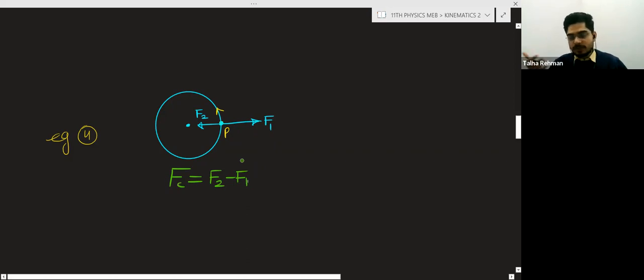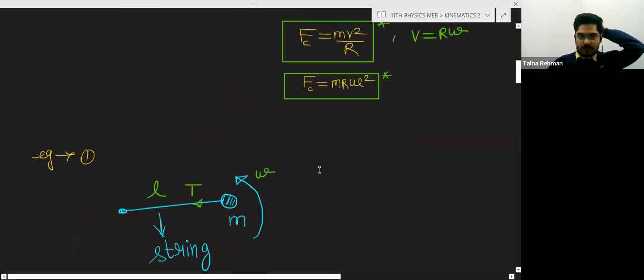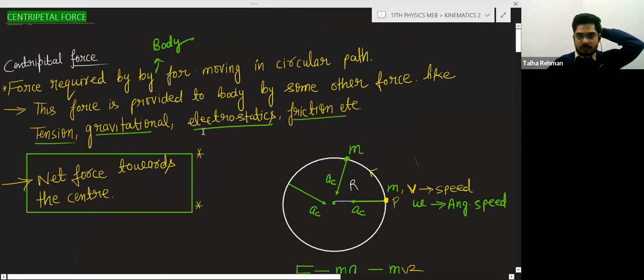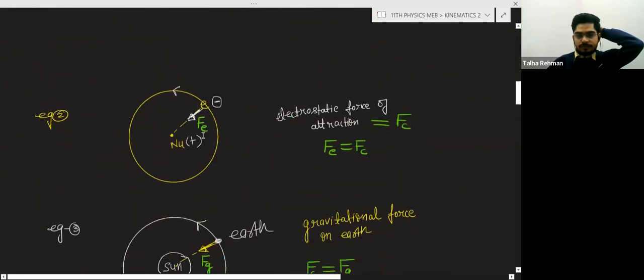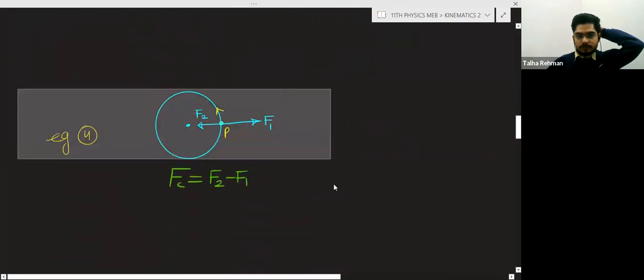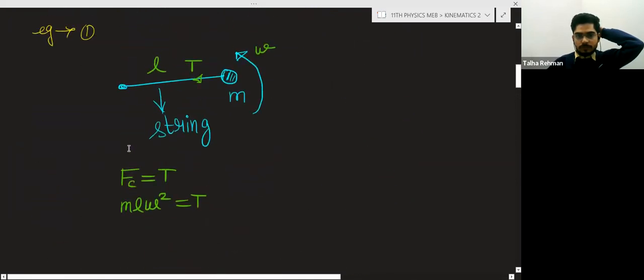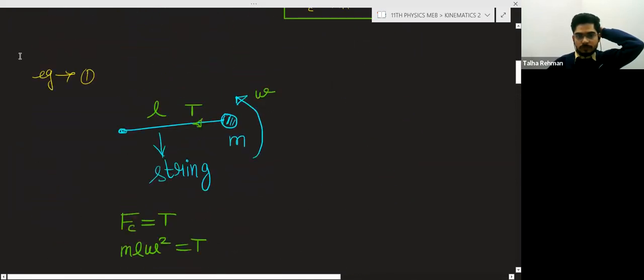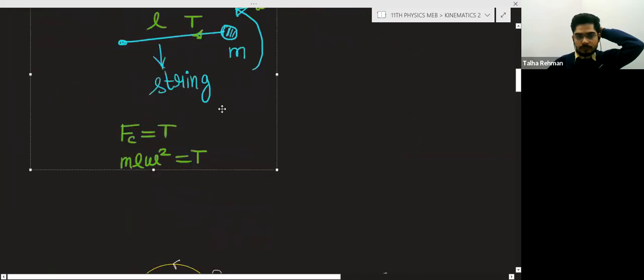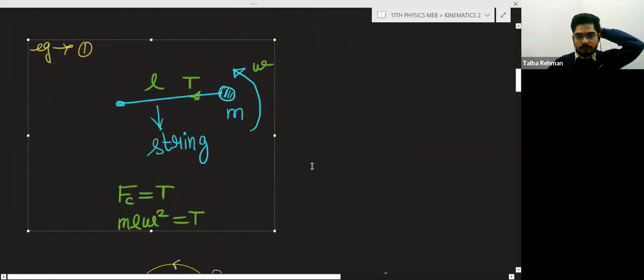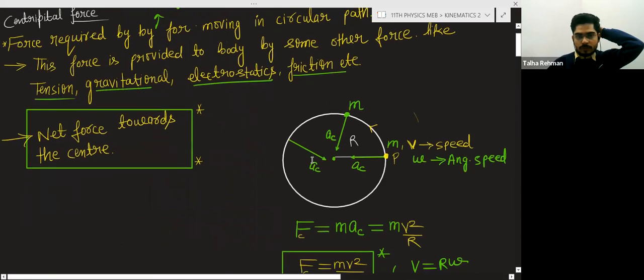And centripetal force is also given by mv square by r and m r omega square. Now write down.